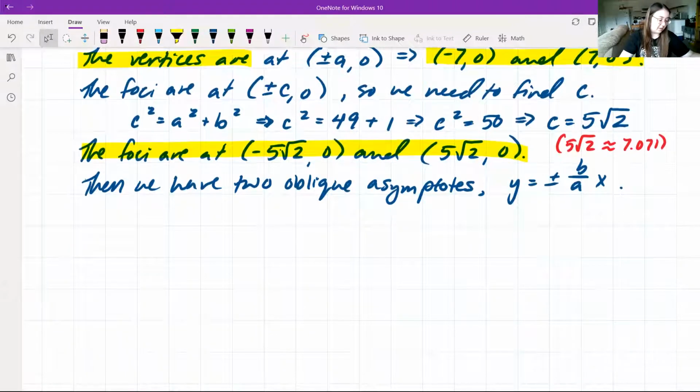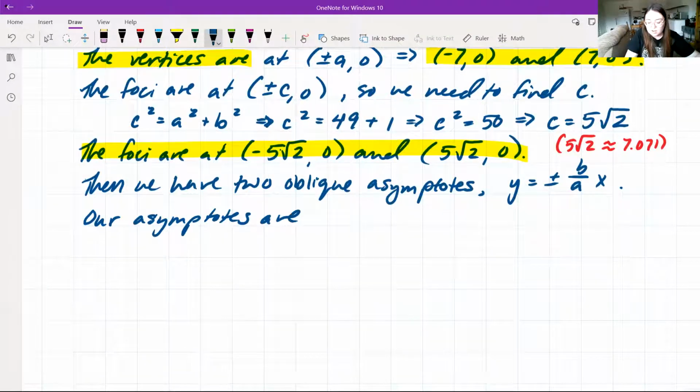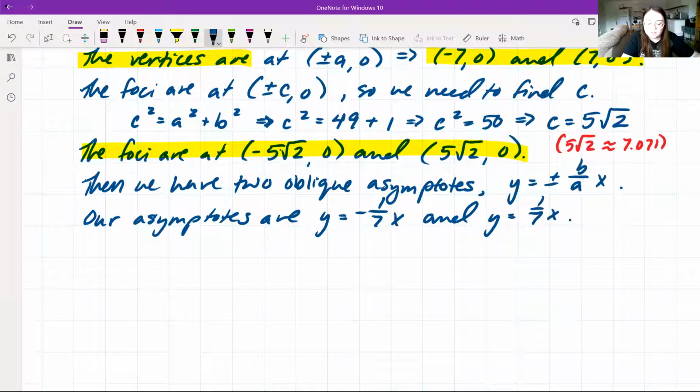We know the values of b, and we know the values of a, which means that our asymptotes are going to be y is equal to negative 1 over 7x and positive 1 over 7x.